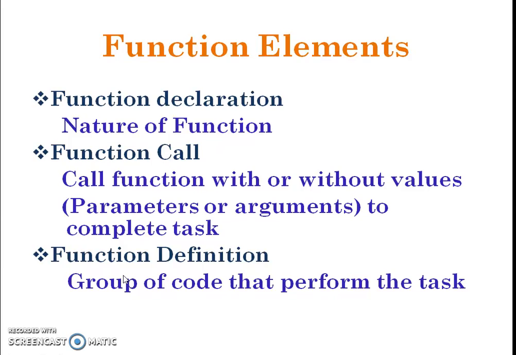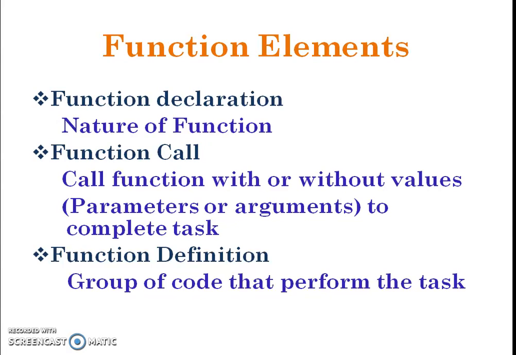Before we compare our example scenario with the function elements, I am telling you what the function elements are. When we use a function in a program, we need to include these three things. The first element is function declaration. It tells us the nature of the function we are going to use in the program.